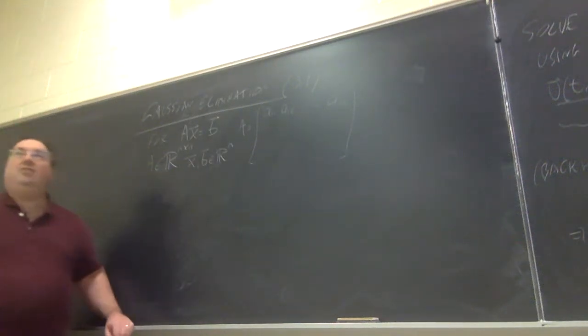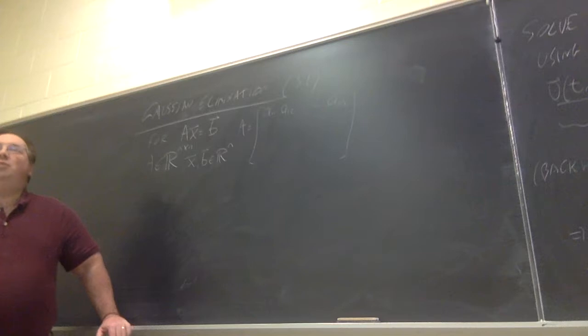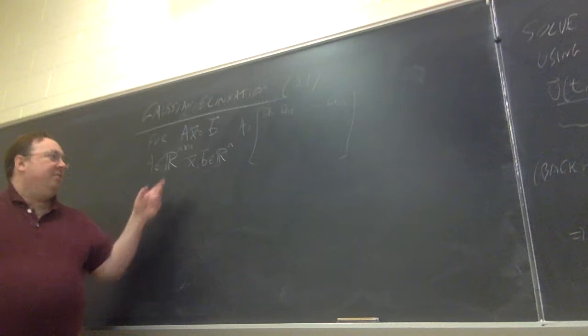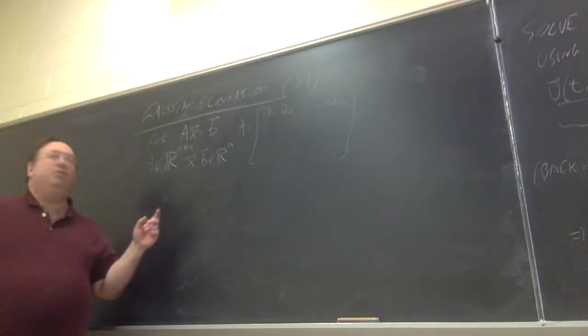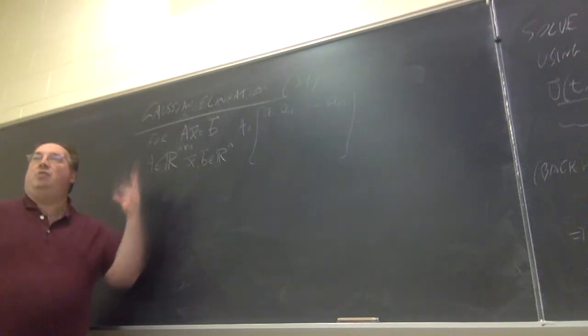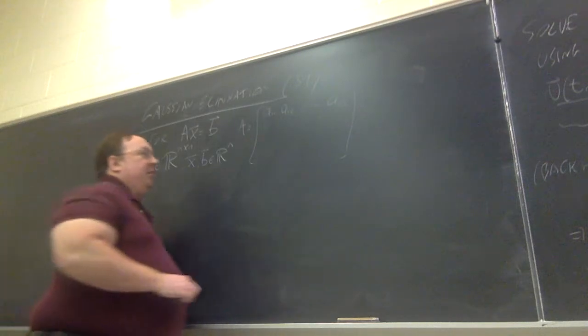Now, I want to emphasize, in the numerical linear algebra world, by default, we think of vectors as column vectors. So x and b, you can think of them as vectors of length n, but also as matrices that have n rows and one column, and that's how I'll write them.